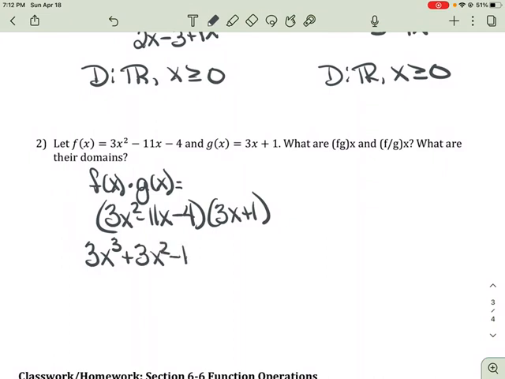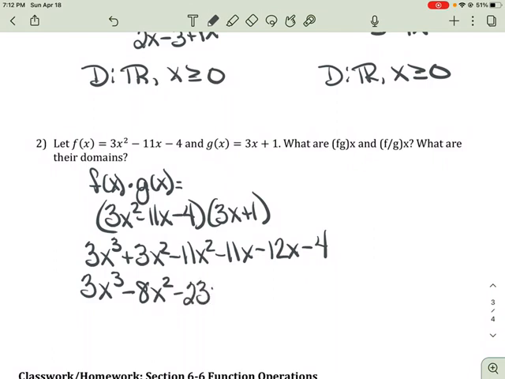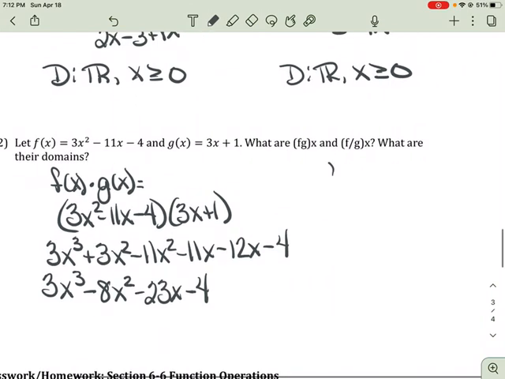It's 3x cubed plus x squared minus 11x squared minus 11x minus 12x minus 4. So 3x cubed minus 8x squared minus 23x minus 4.